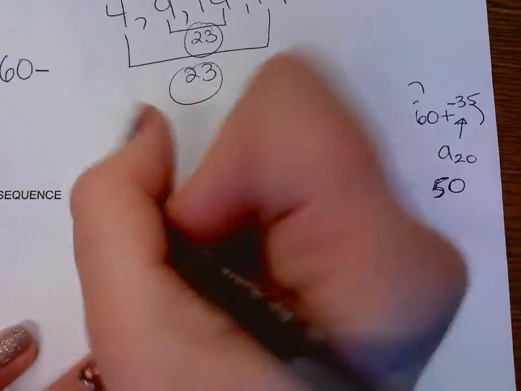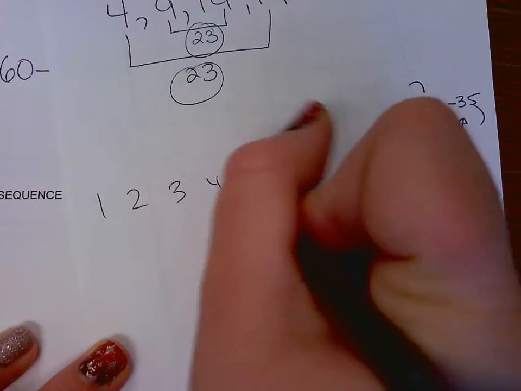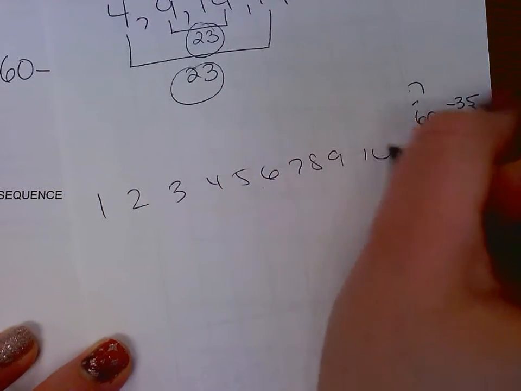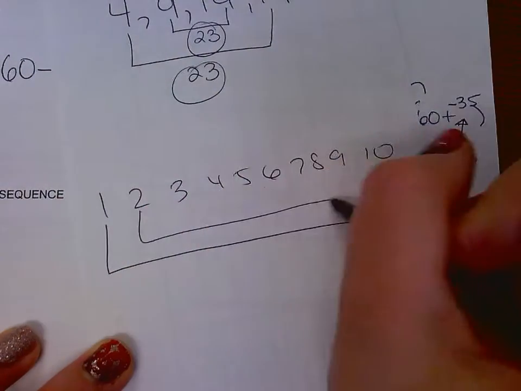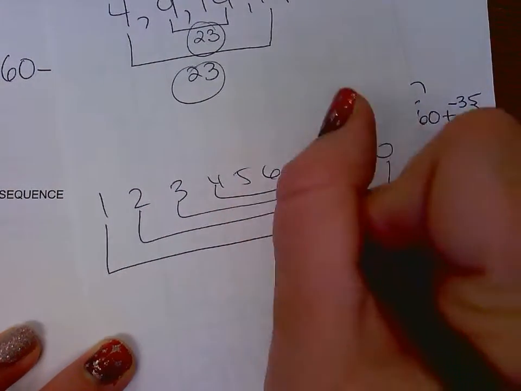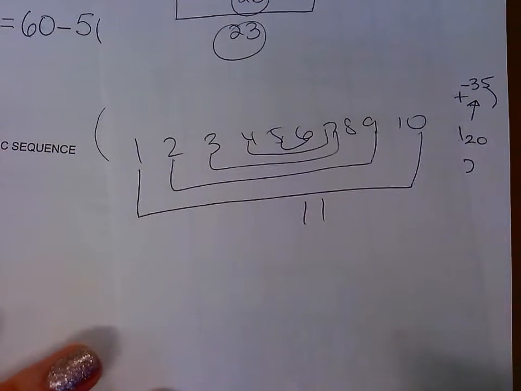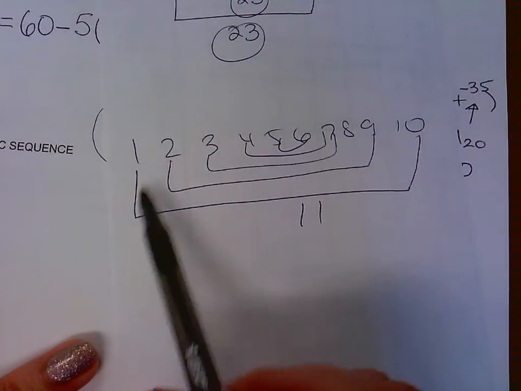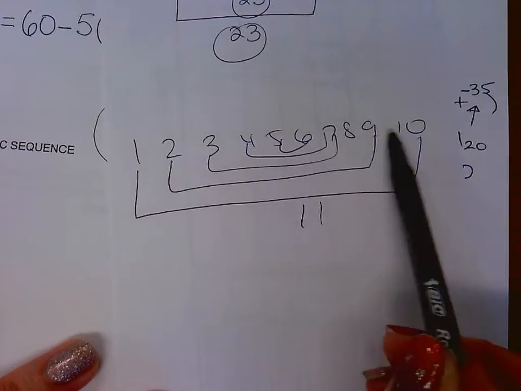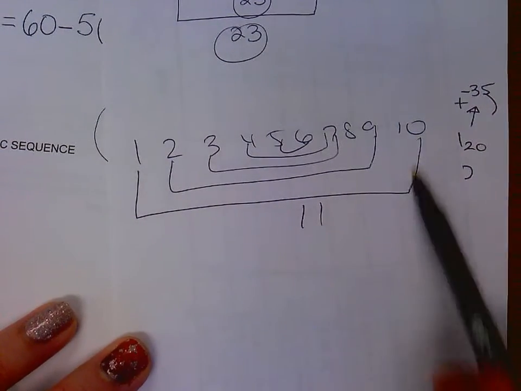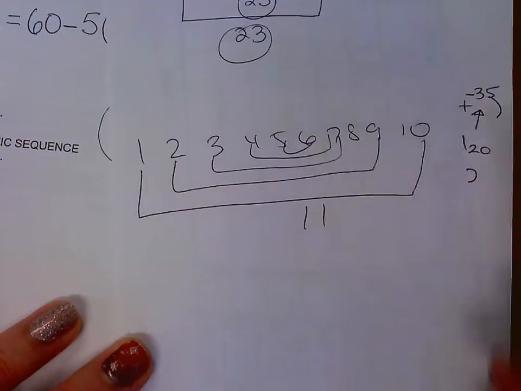Like if you did 1, 2, 3, 4, 5, 6, 7, 8, 9, 10. If you keep pairing these up, these pairs will always add up to 11. So you'd have 5 pairs of 11 is 55. So you don't have to add 1 plus 2 plus 3 plus 4 plus 5 up to 10. You find the sum of the first and the last term and multiply by the number of pairs.